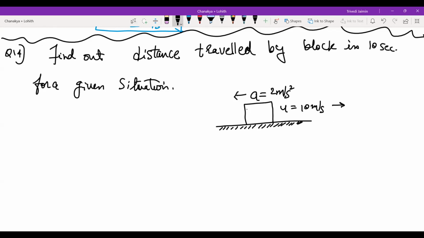Why? Yes, sir. Why is it so? The block in 5 seconds will travel 25 meters and come to rest, and again in the next 5 seconds it'll come back to its initial position.